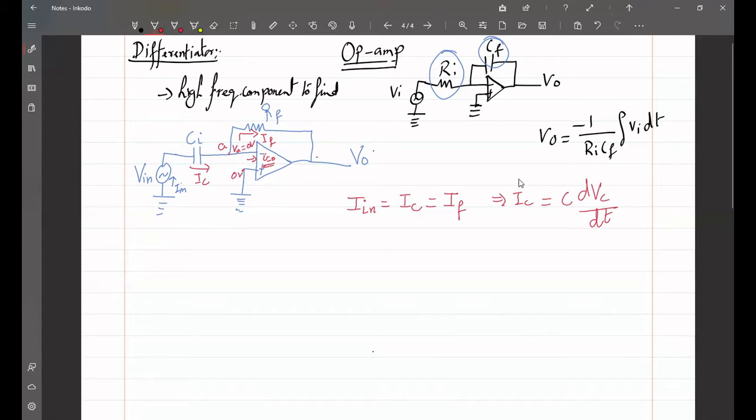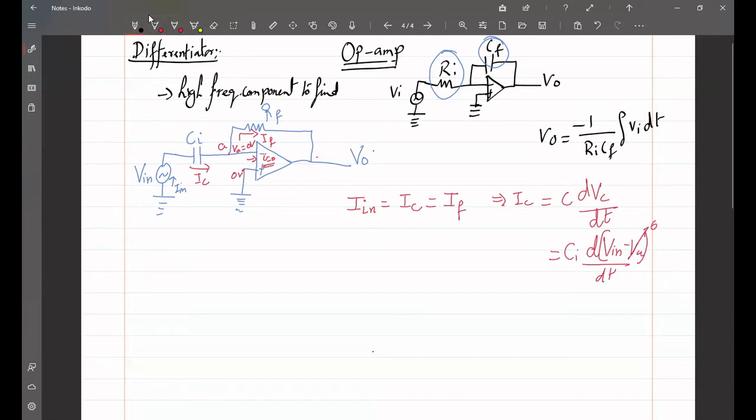At node A, Vc will be Vin minus Va, so Ci into d of Vin divided by dt. Since Va is equal to 0, we can write it like this.